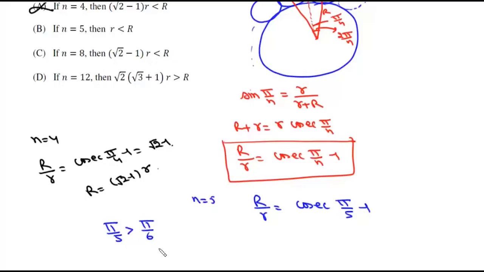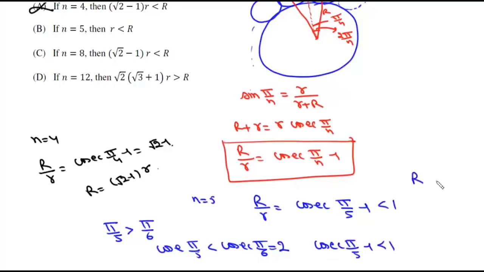Now cosec is a decreasing function, so we can write cosec pi by 5 will be less than cosec pi by 6, and cosec pi by 6 is 2. So from here we can write cosec pi by 5 minus 1 will be less than 1. So this value will be less than 1. So from here we can write r should be less than R. That means this option B is also incorrect. Now for option C, we'll take n as 8.